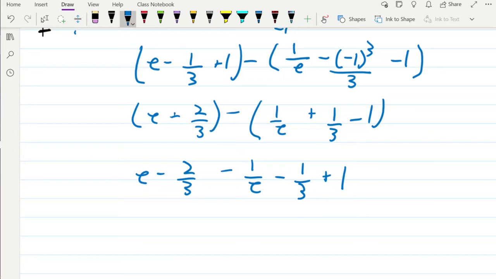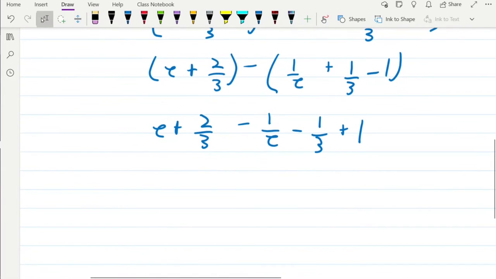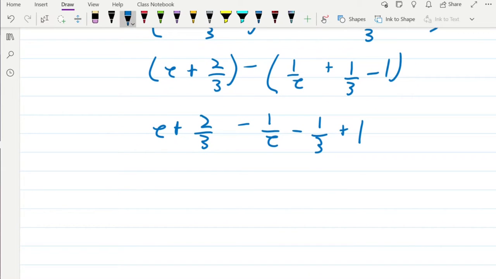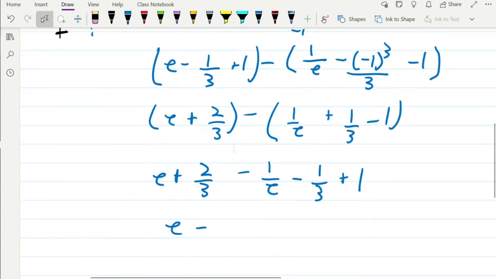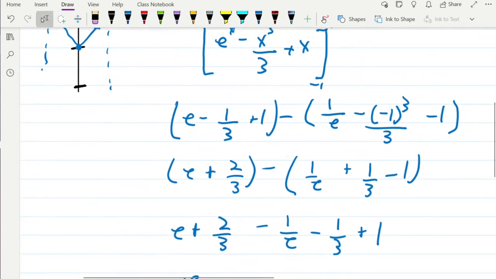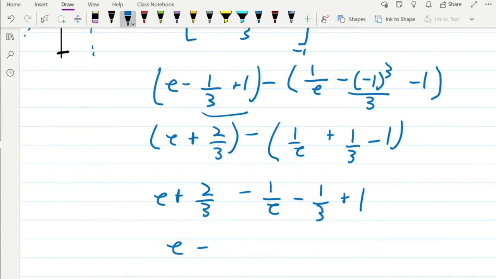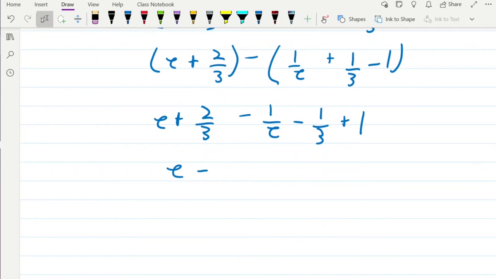No, yeah, because this is supposed to be a positive 2/3, not a negative. That would be where I messed up. I just didn't add these correctly. All right, got that figured out. So this will be 1/3 plus 1, which is 4 over 3, minus 1 over e, which lines up with the solution.